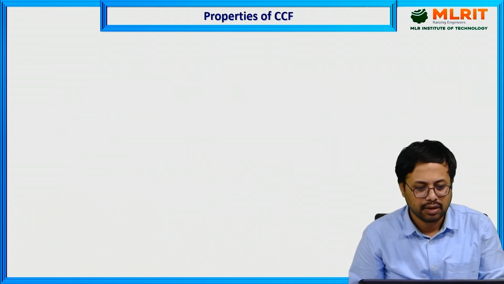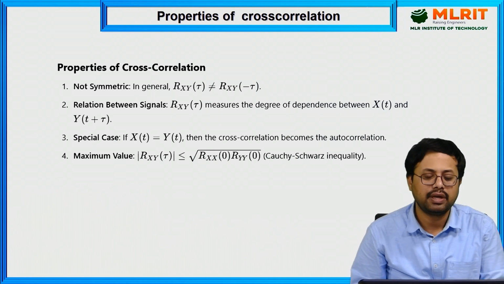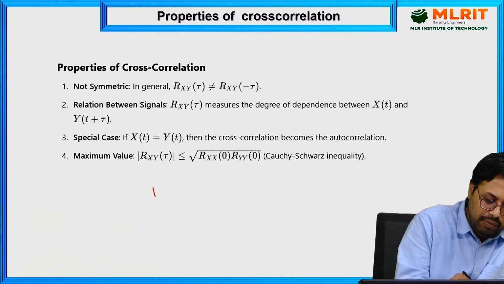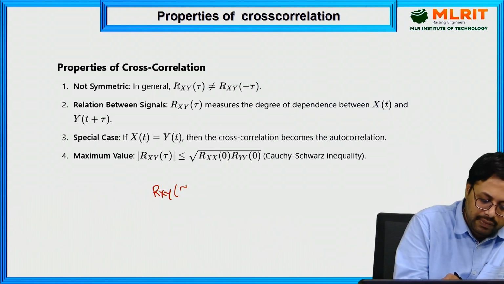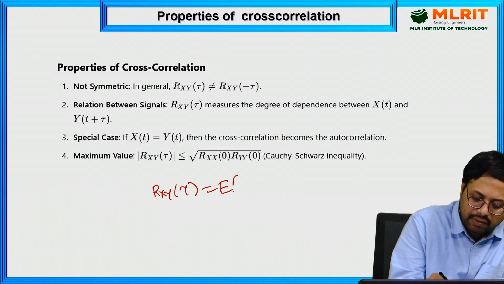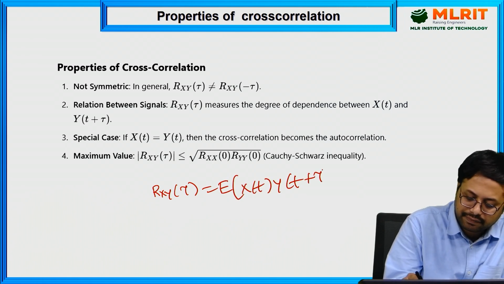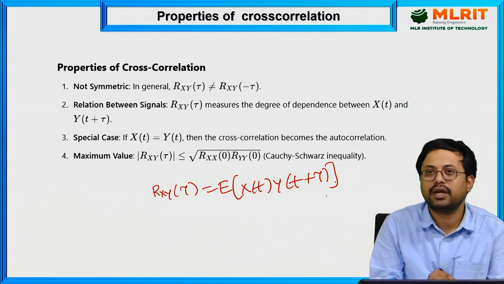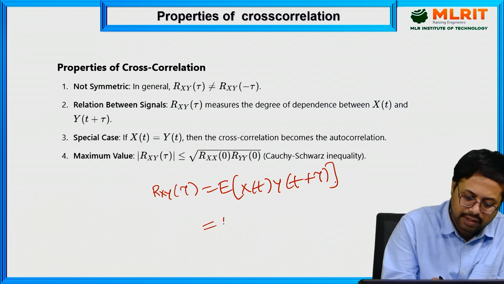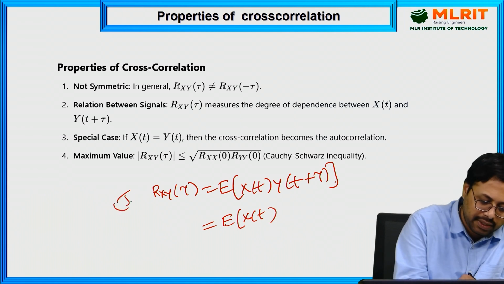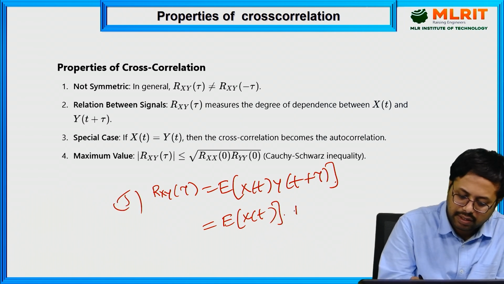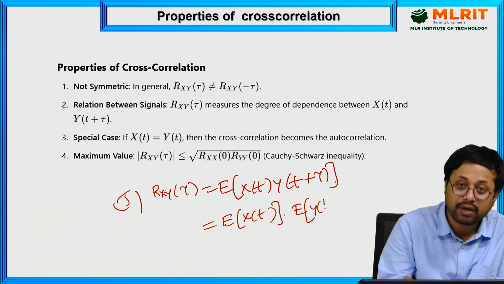Now the cross-correlation function has the formula R xy of tau equal to expectation of x of t into y of t plus tau. If both are uncorrelated to each other, then one more property, the fifth property: expectation of x of t times expectation of y of t plus tau.